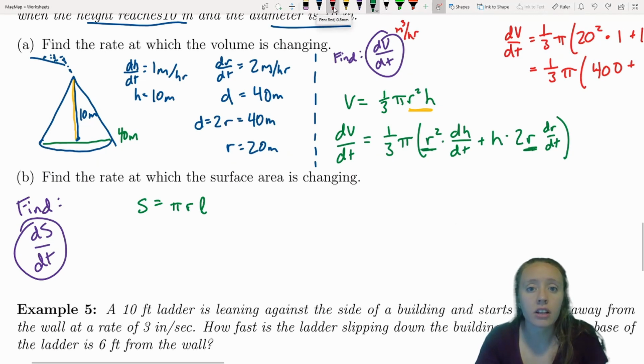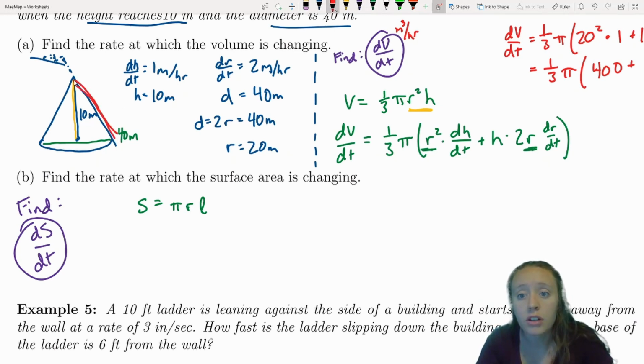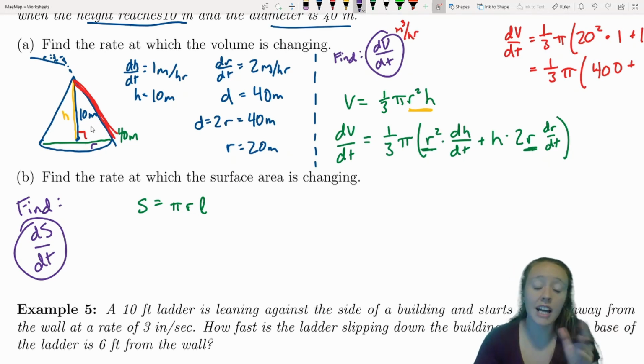But L, I'm going to go ahead and draw on my figure that I have. L is the length of the side of my cone, which if you look, we have a right triangle. So we'll be able to figure out L, because if this is h and I have my radius r as the other side of that right triangle, r squared plus h squared equals L squared, the Pythagorean theorem.